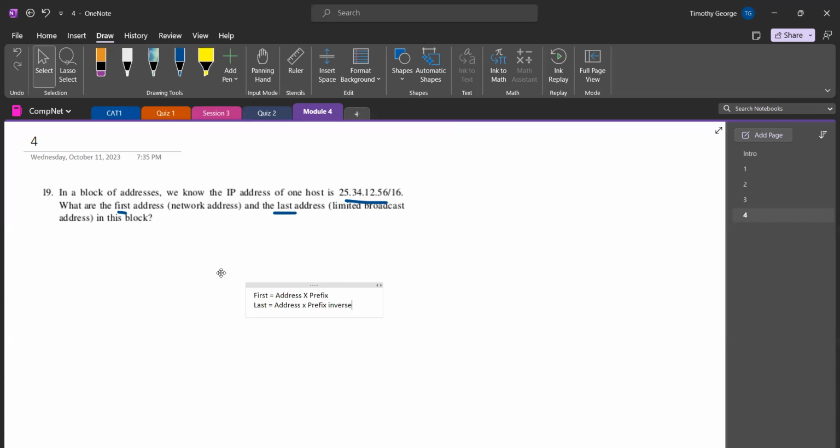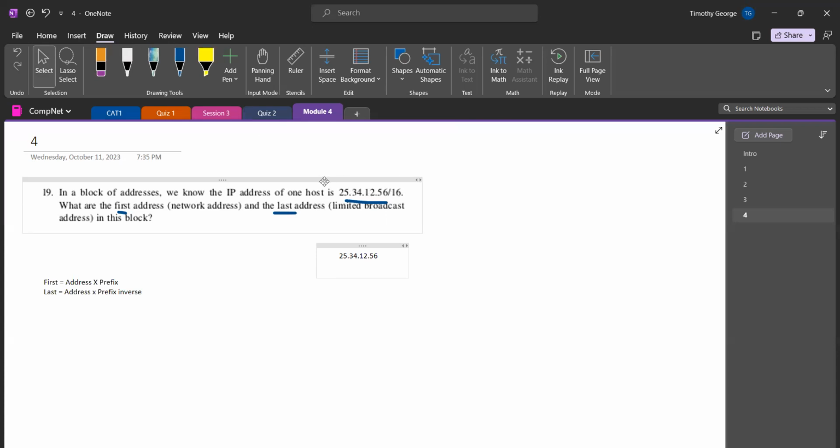So what you will do is you have 25, 34, 12, 56. And what is the prefix? Prefix is 16. So 16 means you're going to have the first part filled all ones.